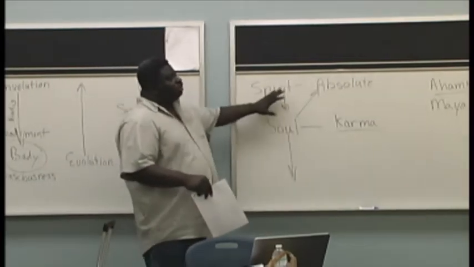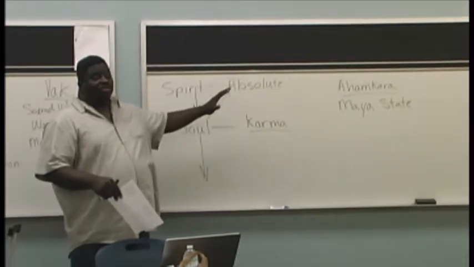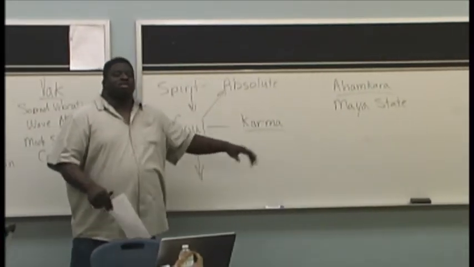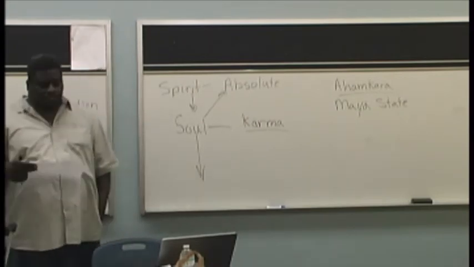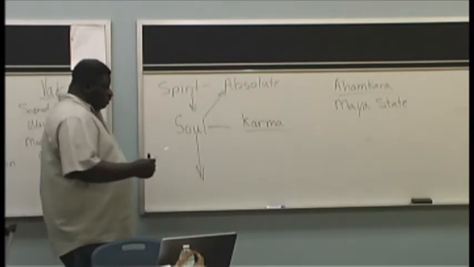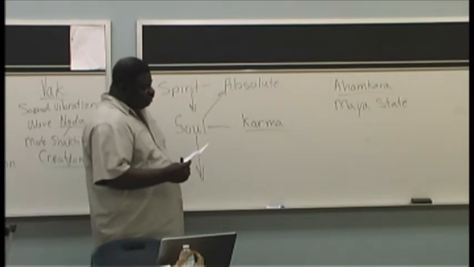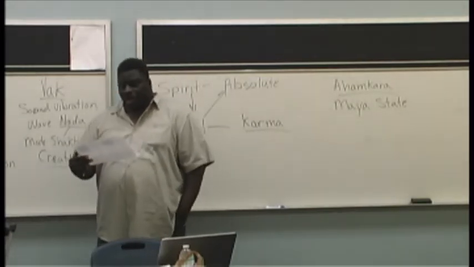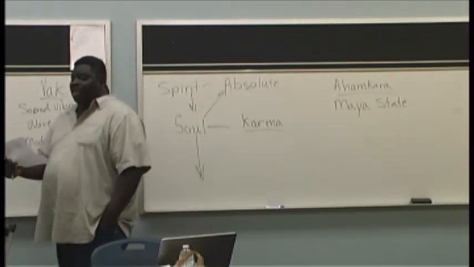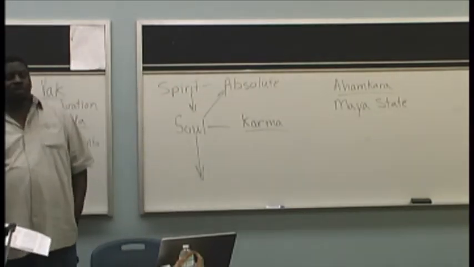In order to begin to experience the lower aspects of creation, all right? Then as it moves forward, it begins to experience attachment, pride, a sense of being embodied, right?